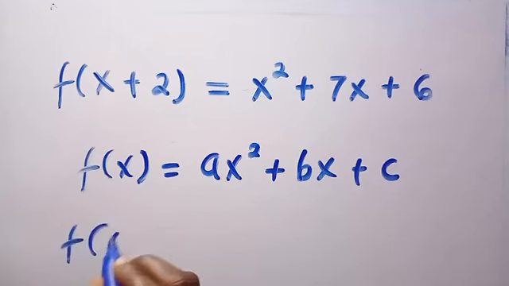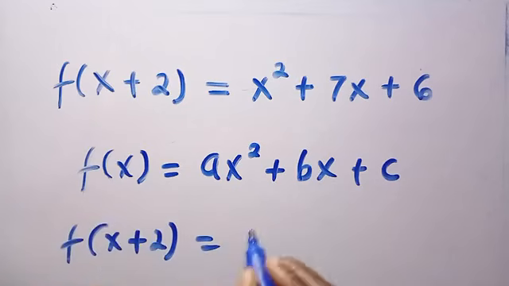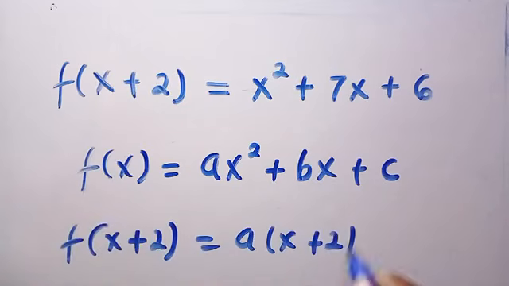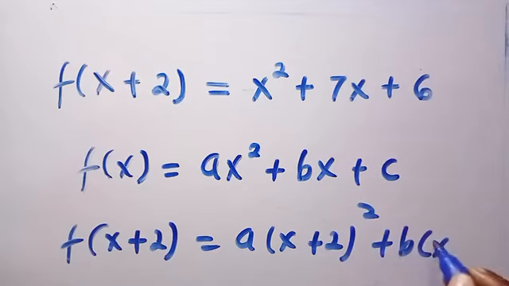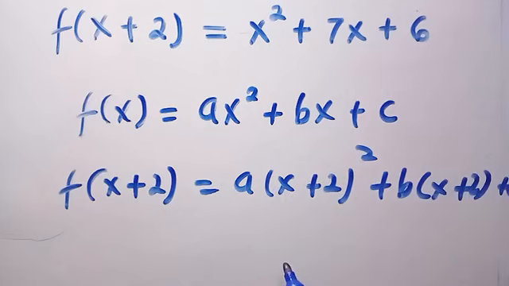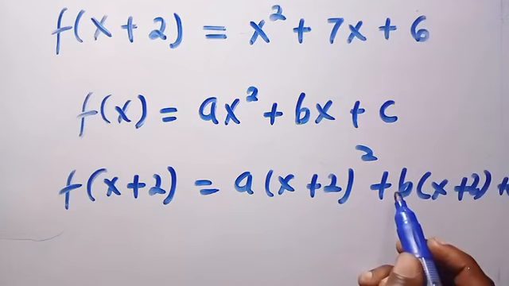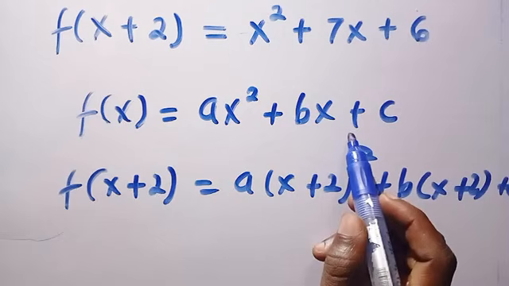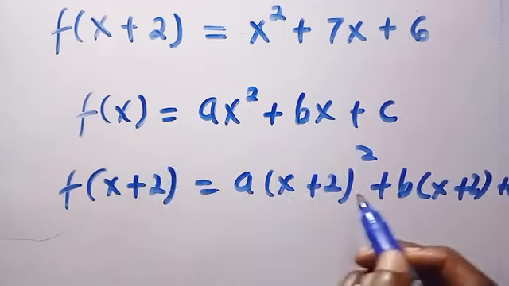Like this, we have f of x plus 2 equals a into bracket of x plus 2 squared plus b into bracket of x plus 2 plus c. One thing about this is we are going to expand x plus 2 squared, and when we get this, we do the comparison with x squared plus 7x plus 6 to get the value of a and get the value of b. Then we take it back into this. So it is not advisable to use this.